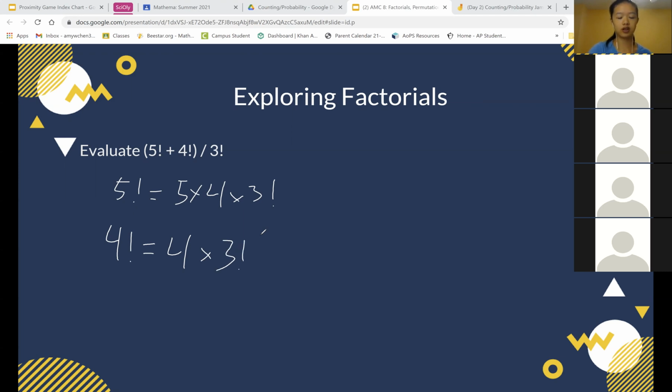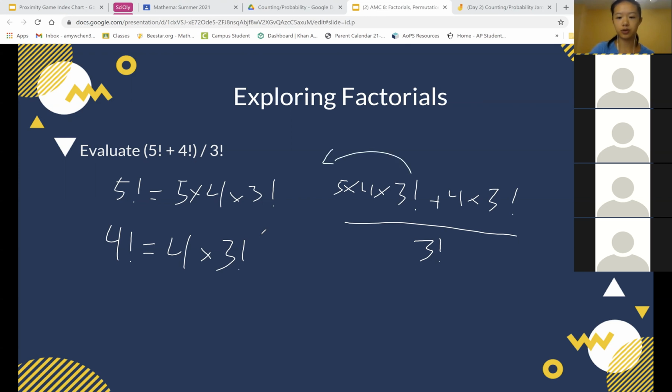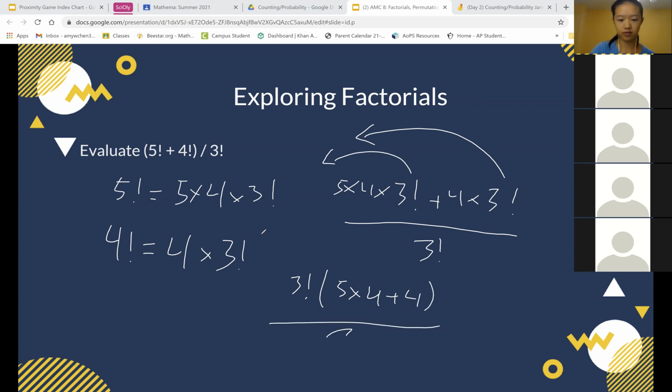So if you put these into the equation, you get 5 times 4 times 3 factorial plus 4 times 3 factorial over 3 factorial. You can use the distributive property to pull the 3 factorials outside of the parentheses. So you get 3 factorial times 5 times 4 plus 4, over 3 factorial.